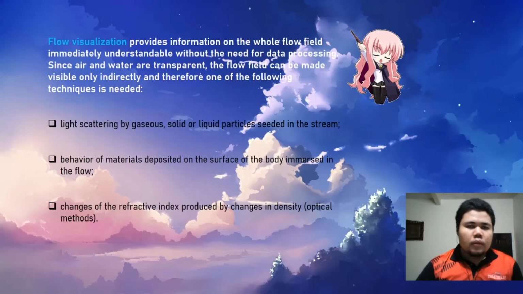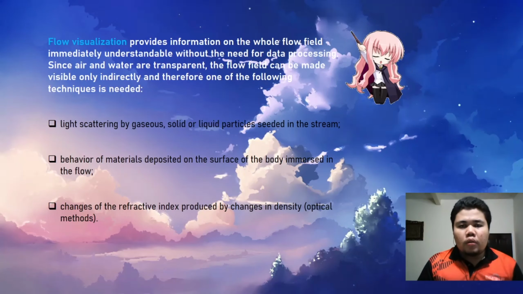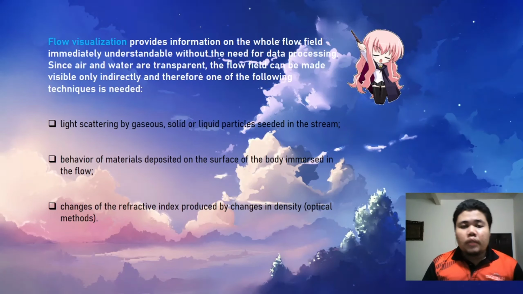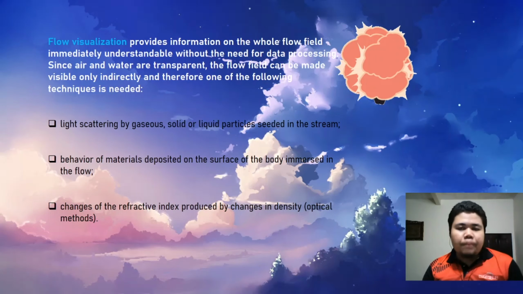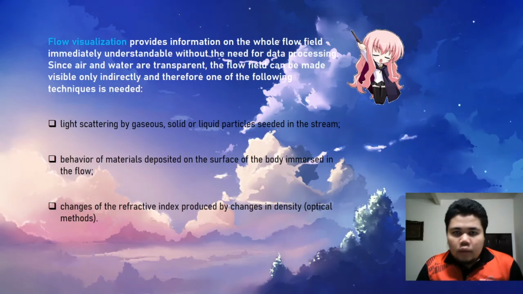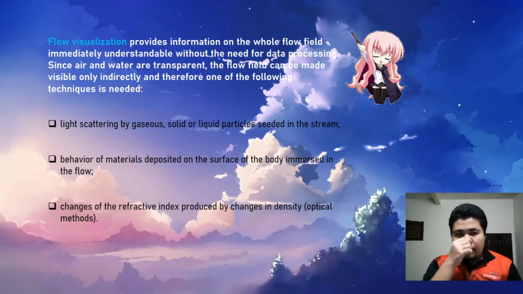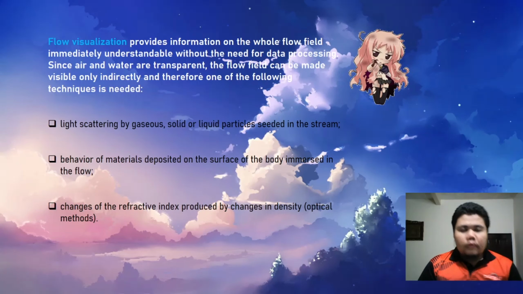Flow visualization also provides information on the whole flow field, immediately understandable without the need for data processing. Since air and water are transparent, the flow field can be made visible only indirectly, and therefore the following techniques are needed.